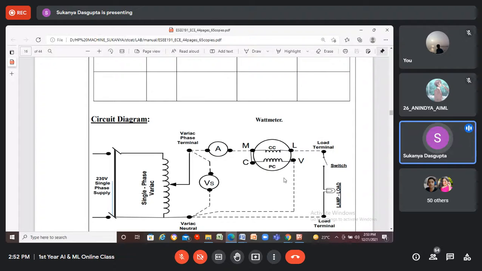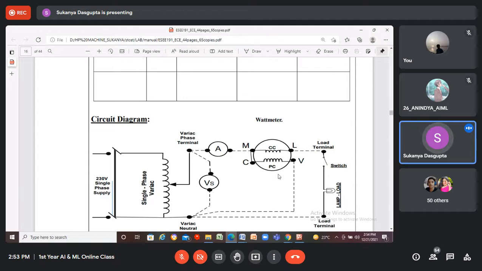I hope you know the basic definition of power factor because you have already studied power triangle, impedance triangle, so you know what is power factor, right? Since these wattmeters are designed with unity power factor and it has got two coils, so one is measuring the current, one is measuring the voltage, and this wattmeter will provide only the RMS values.